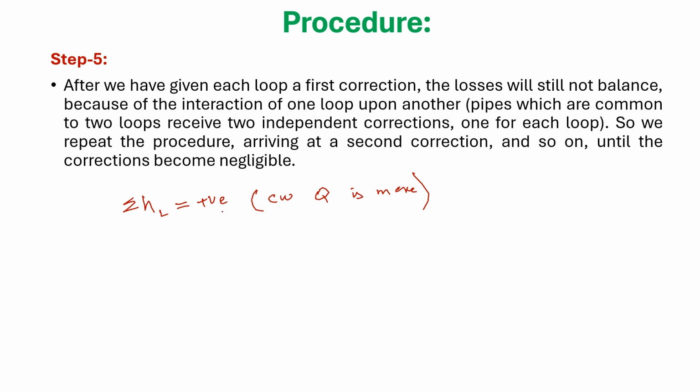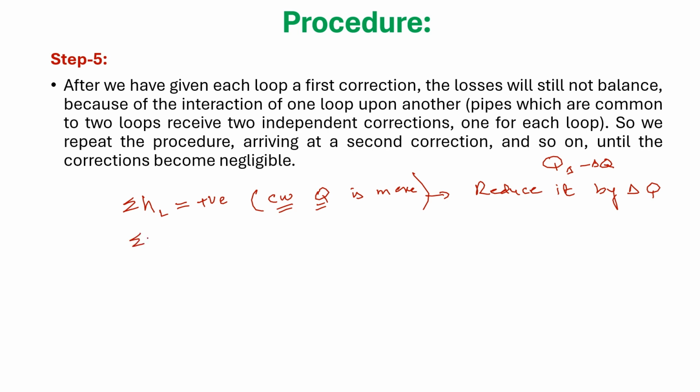So if hl comes in a positive value, it means that clockwise movement is more, so our approximation is too high, and we need to reduce it. How? By delta q. If we have assigned a discharge q1 to a pipe, now this will be reduced by delta q. Delta q will be subtracted from q1.